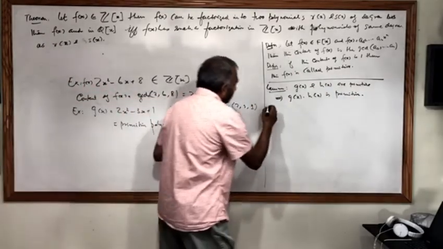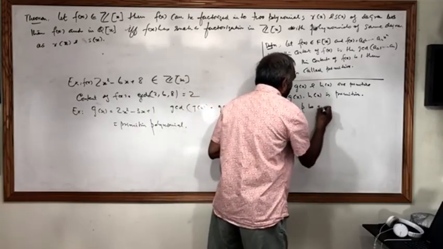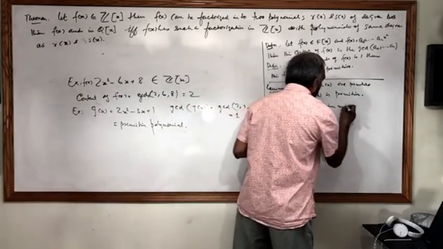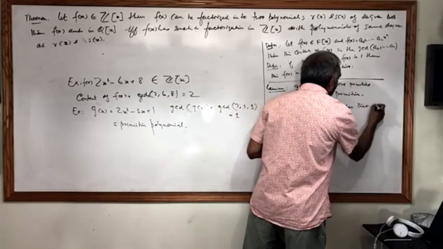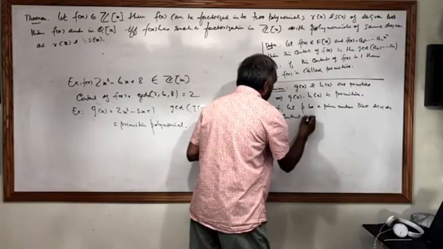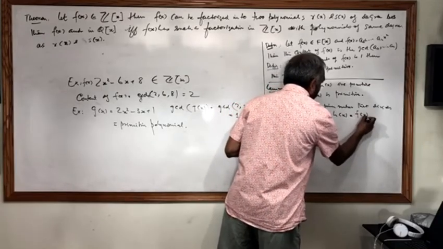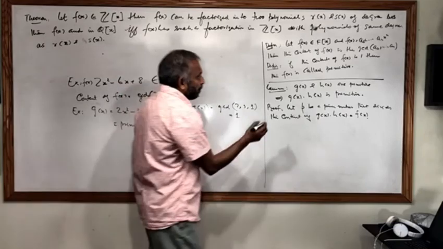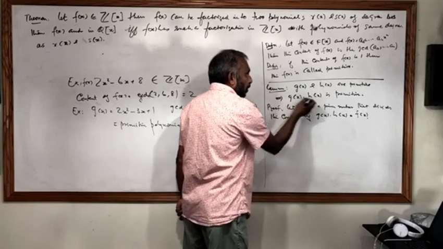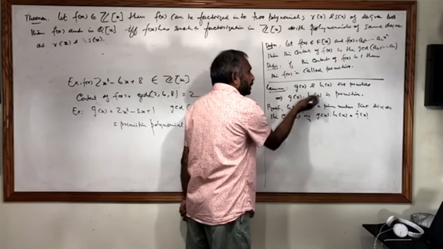The proof goes like this: let p be a prime number that divides the content of g(x) times h(x), and that is equal to f(x). See, what we are trying to do is, if it's already 1, then it is primitive. Assume that it is not 1, so it's going to be greater than 1. Then we take a prime factor of that GCD, and that is this.